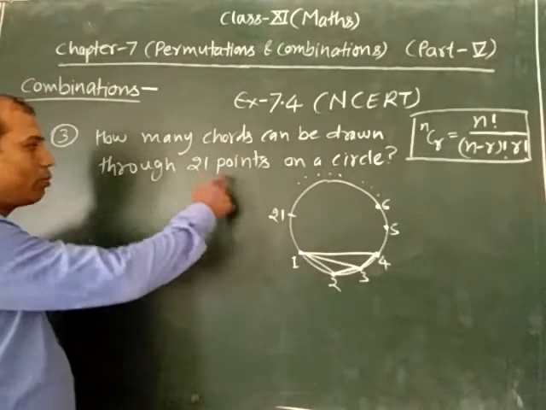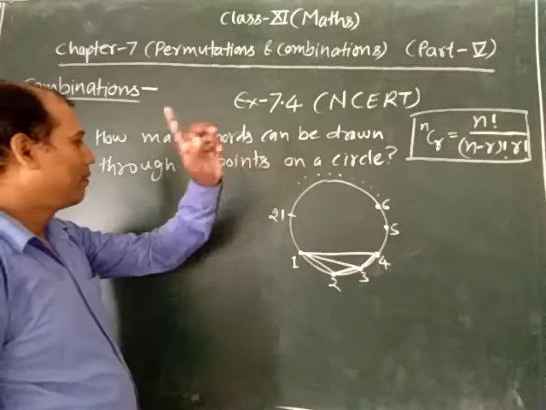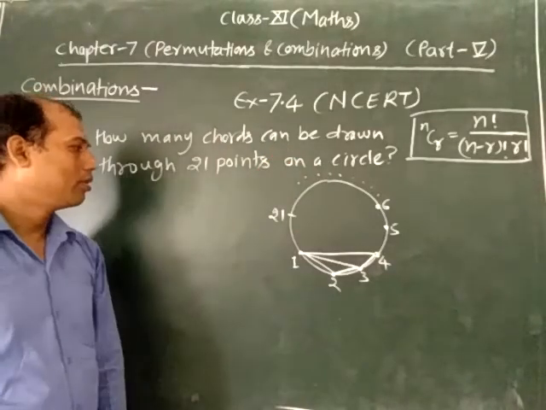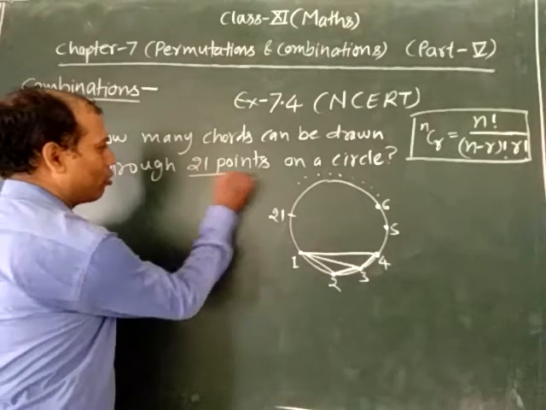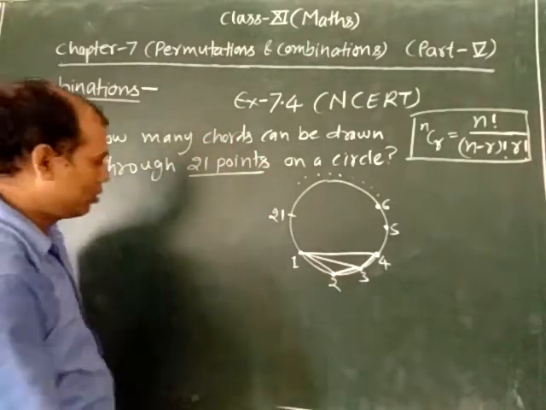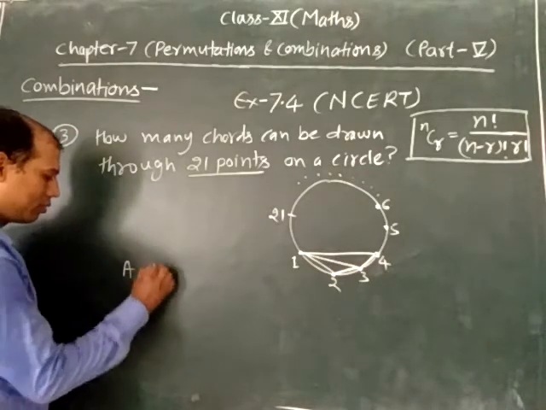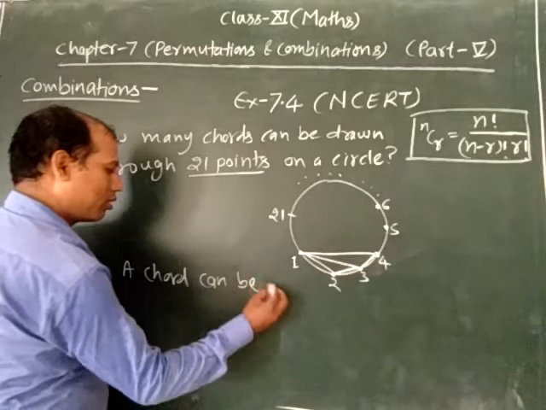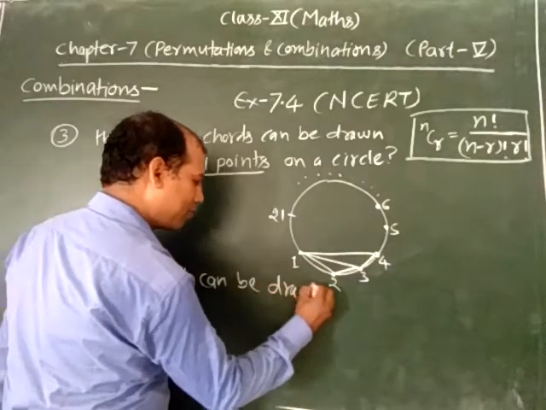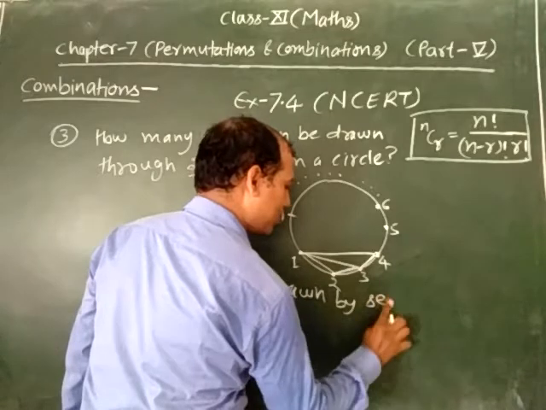Now there are 21 points, then the number of chords is equal to the number of ways in which we can select 2 points out of these 21 points. So number of chords, a chord can be drawn by selecting 2 points.